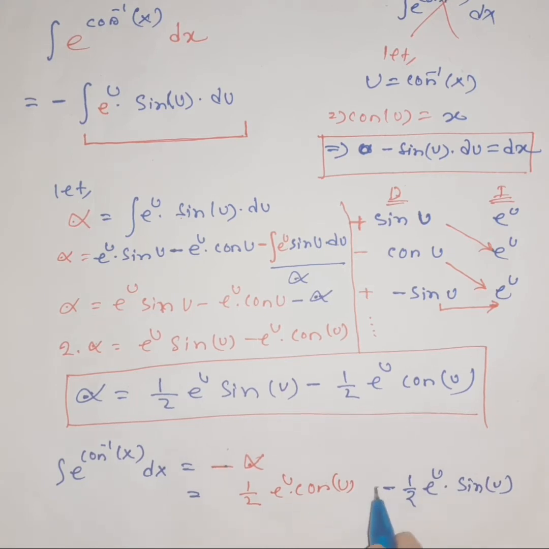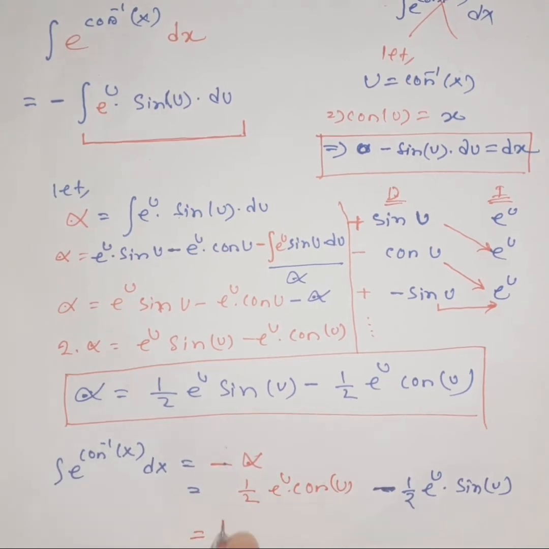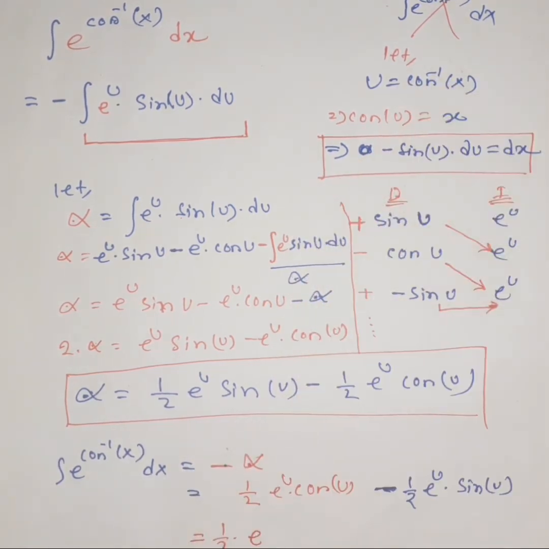Alright, but we are not done yet. We need to substitute u with x now. So let's do that here real quick. This is equal to half e to the u, where u equals cosine inverse of x.